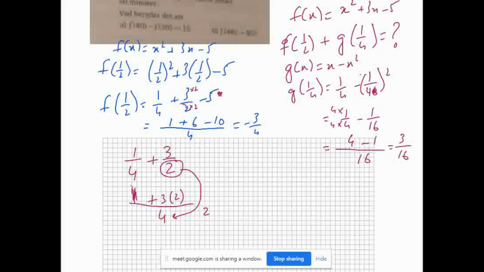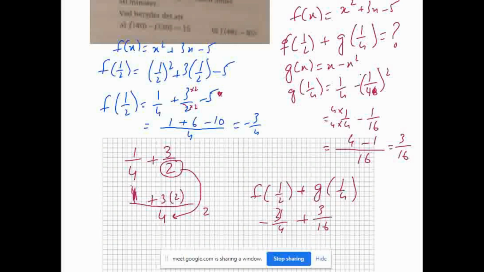Now here we can see we have to find out f of 1 by 2 plus g of 1 by 4, and the value of f of 1 by 2 is minus 3 by 4. Is it visible? Fine.